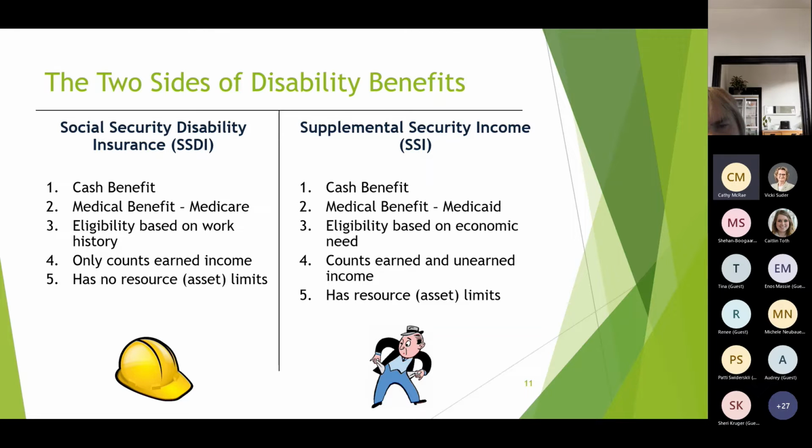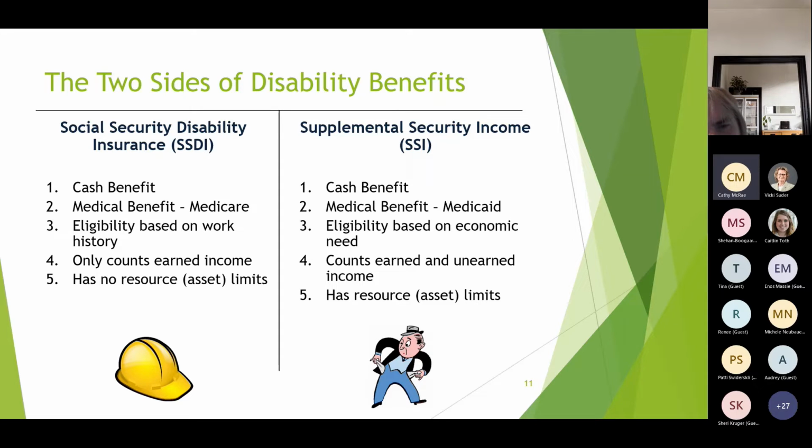Eligibility for that program is based on someone's work history. SSDI only looks at earned income. It does not care about unearned income. And SSDI has no resource or asset limits. So you can own 3 McMansions, and SSDI doesn't care about that. You can have $100,000 in the bank, and SSDI doesn't care about that.